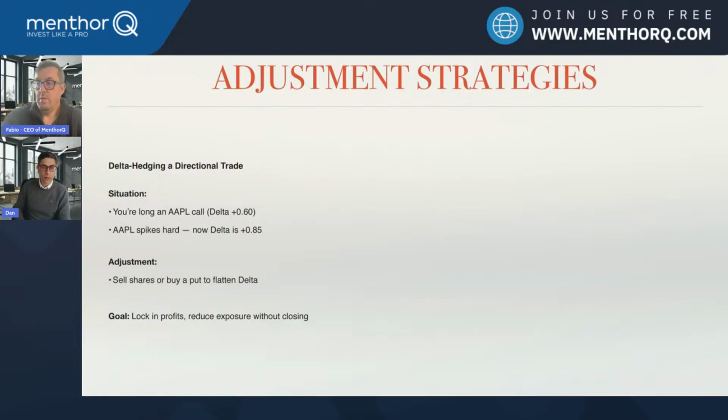We have an Apple call, which has a delta of plus 60. Apple spikes, which didn't happen today, very hard. Now the delta is 85. So what can you do? No, you don't buy shares. This is what you do if you are in a put.